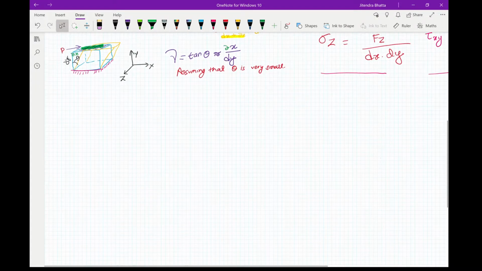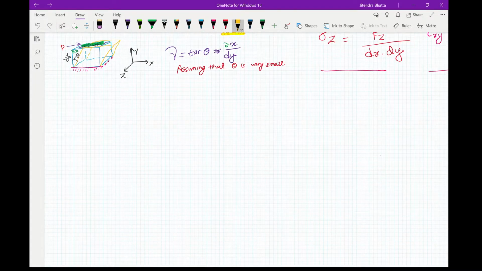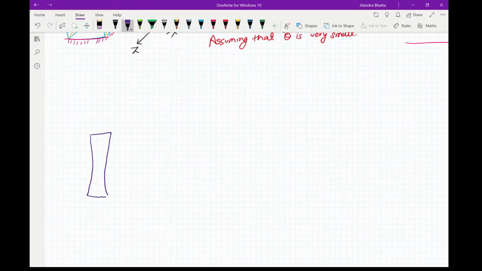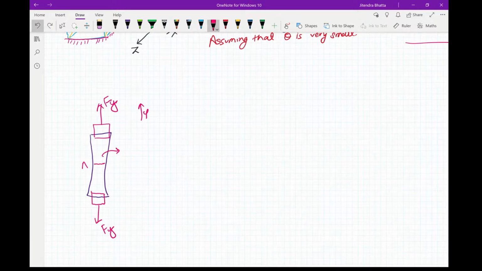Let's say you have a steel specimen which is shaped like this, where we have clamps at these two ends where we apply our forces F. Let's say this is direction Y. Then if the cross section of this element around here, let's say this is XX, is A, then our stress will be equal to Fy divided by area.